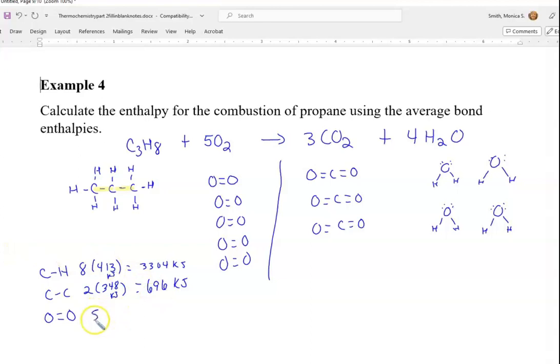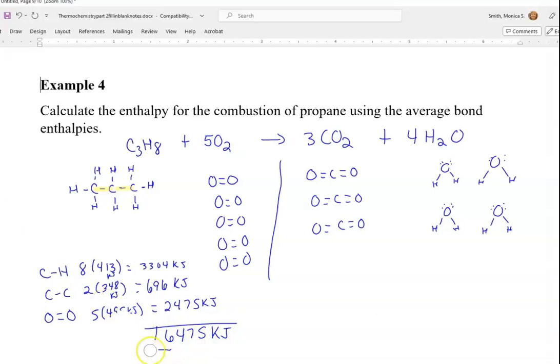So we got 5 times the 495 kilojoule. We just got to add all those up. And that is 2475 kilojoules. And this is the sum of, so now I just add those together and I get 6475 kilojoules.